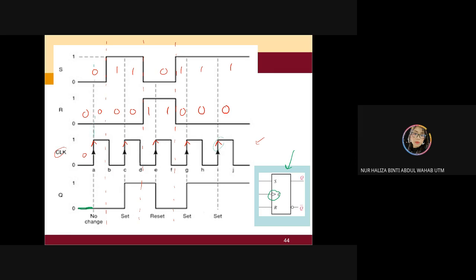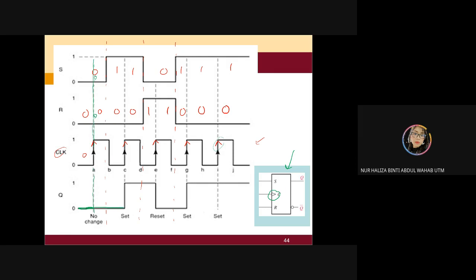Positive clock, isn't it? So this is the positive clock. What happened? You need to look at the value at this line. S is 0, R is 0. It is no change.